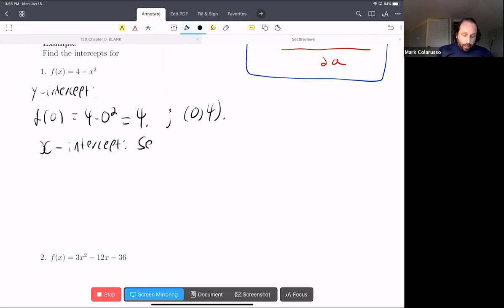Okay, so for this we set f of x equal to 0 and solve for x. So we get 0 is 4 minus x squared.